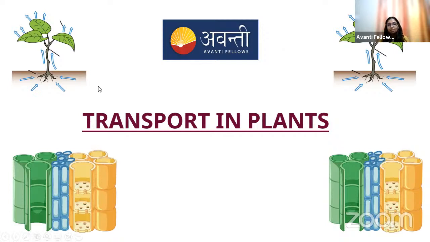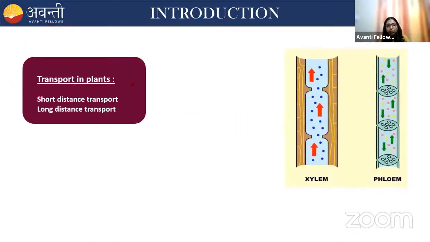Okay, so in today's class, we are going to discuss transport in plants. As you all know, transport in plants is of two types: short distance transport and long distance transport.